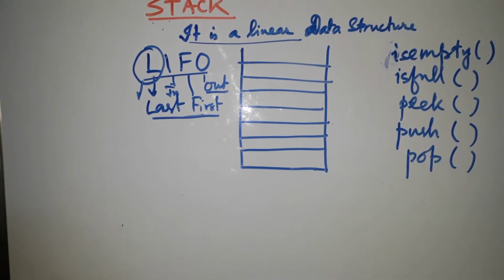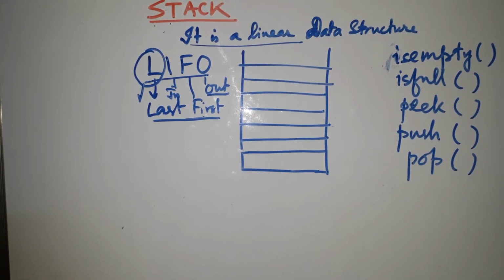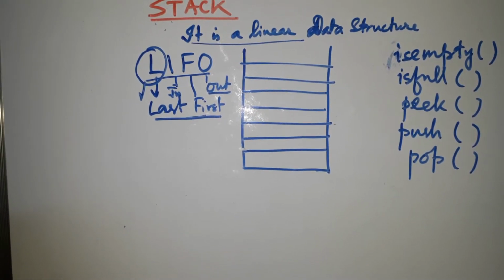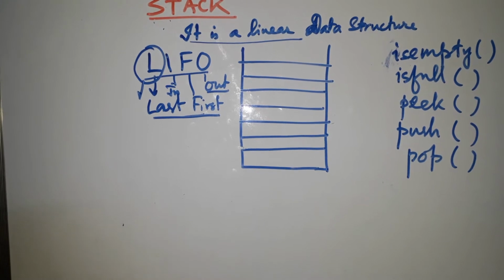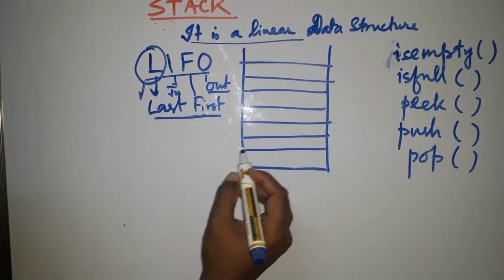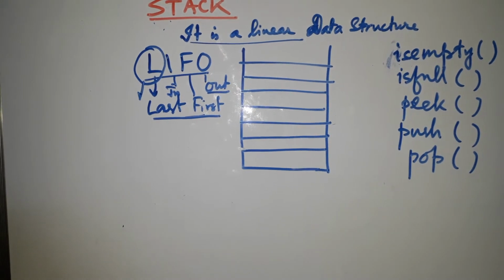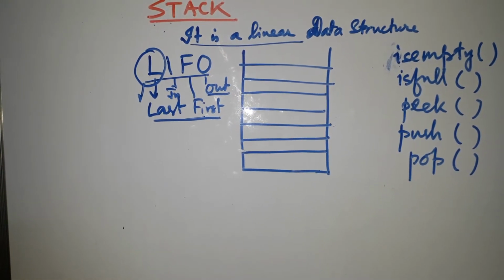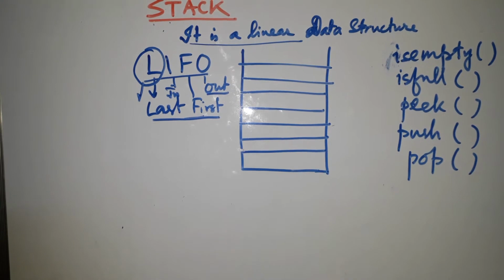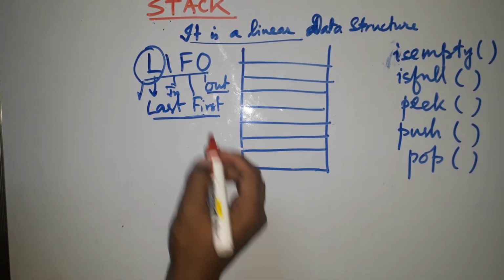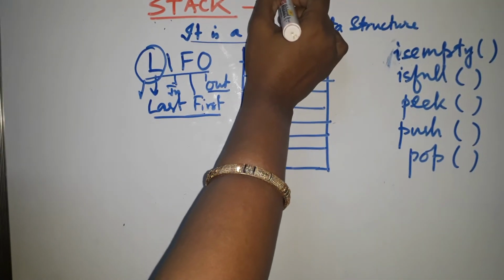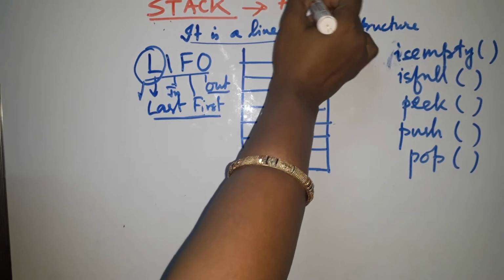Now, in what way will this operation go on and how is it helpful for us? Suppose you want to store the data in this linear way. There are several ways we can represent it, but right now we will implement the stack using an array.